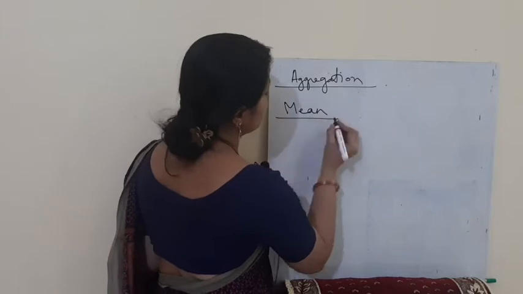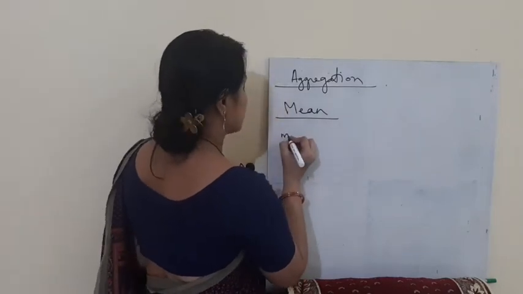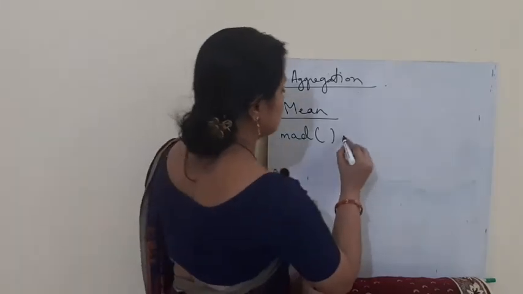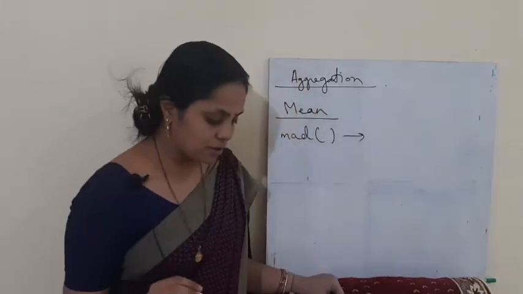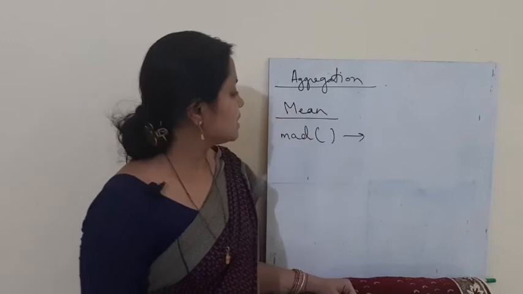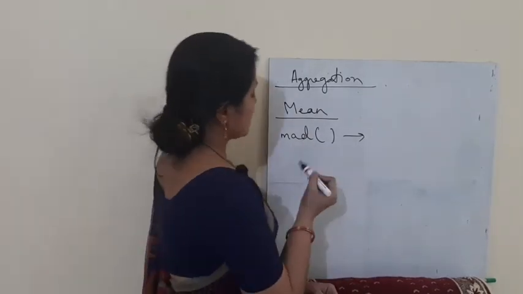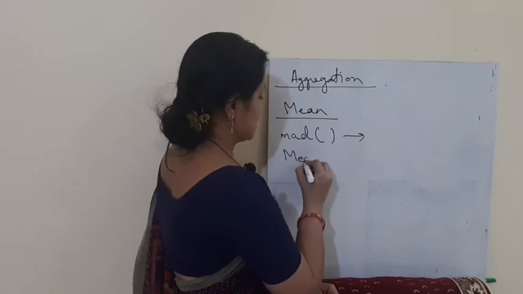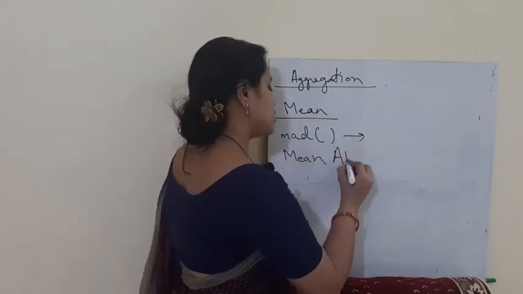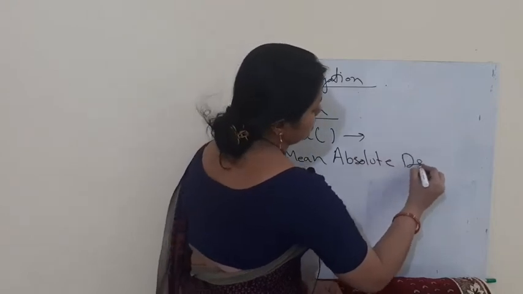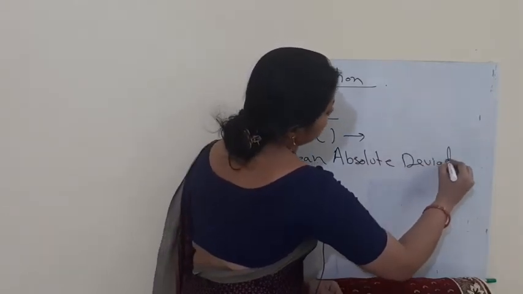When I need to calculate the mean, we use the MAD function. What is this MAD function? MAD stands for mean absolute deviation.